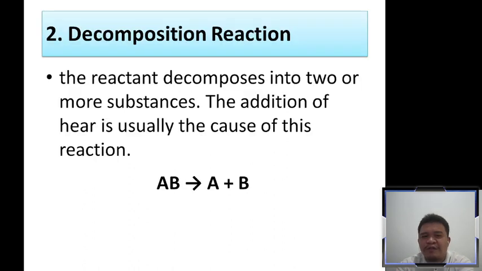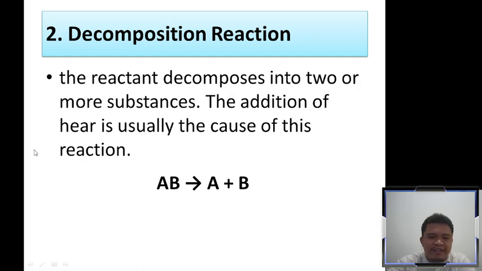Now another type is what you call a decomposition reaction. This is the reverse of a combination reaction. The reactant decomposes into two or more substances with the addition of heat. By the way, sorry for the typographical error, that is supposed to be heat.